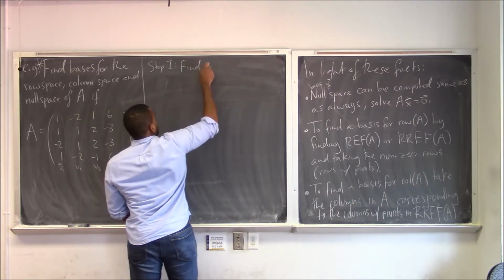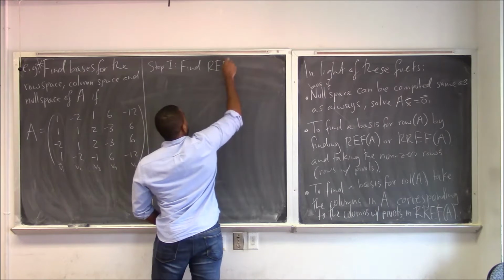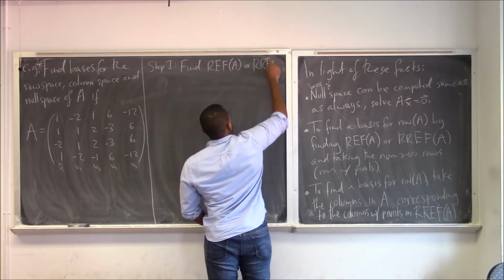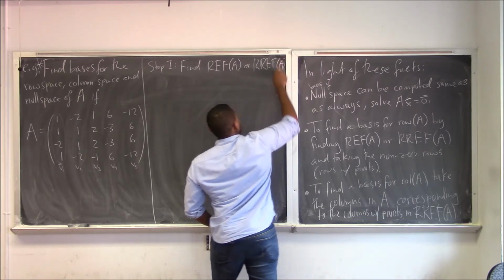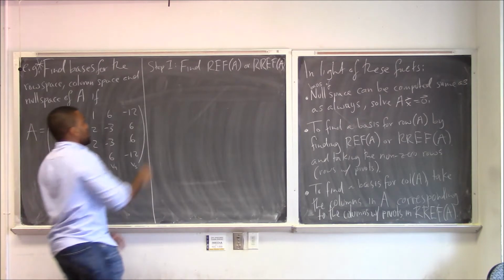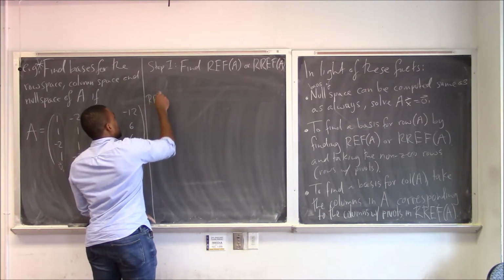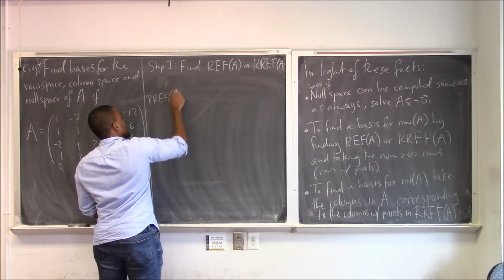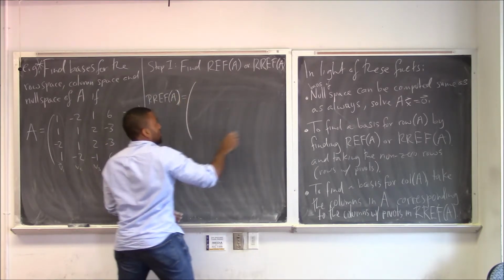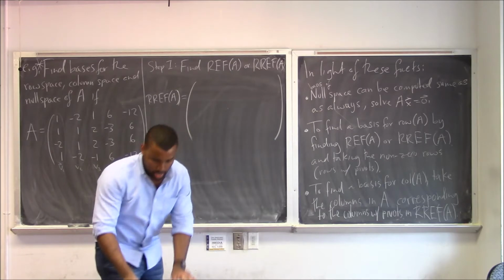find the row echelon form or reduced row echelon form, which involves, of course, doing row operations to achieve the form. In this case, the reduced row echelon form of A, you put it in the oven and ding, this comes out.